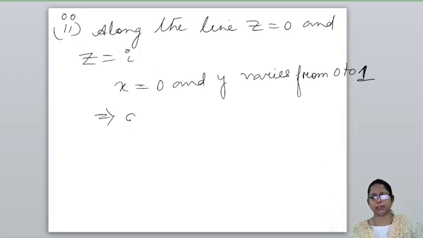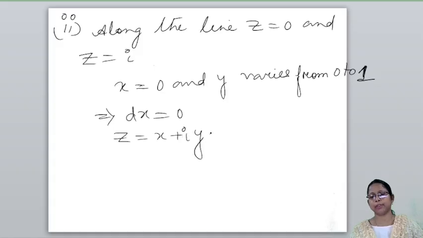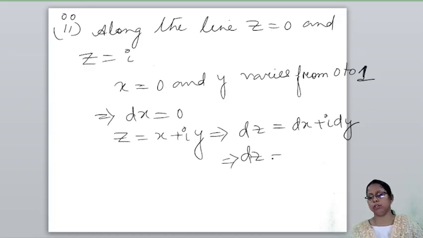This implies dx is equal to 0. We know that z is equal to x plus iy, so dz equal to dx plus i dy, which gives dz equal to i dy.